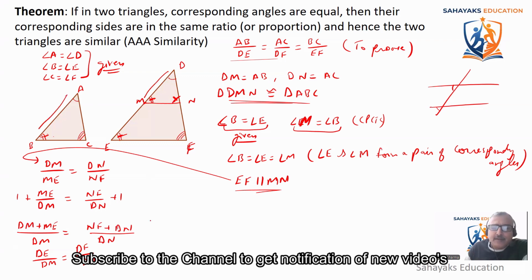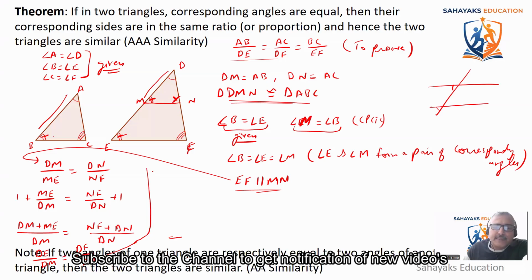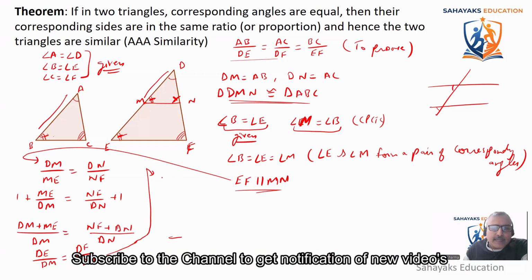So what we can say here is that DE divided by, instead of DM, we are writing AB, is equal to DF divided by AC. Okay. So this is what you have to prove.